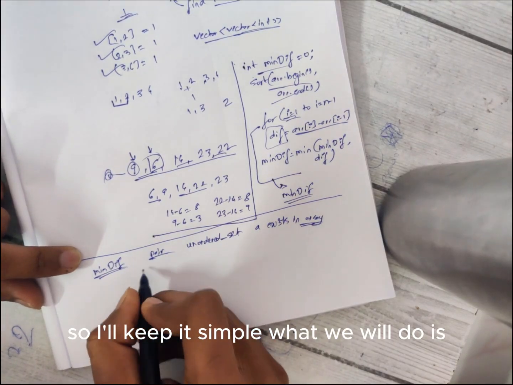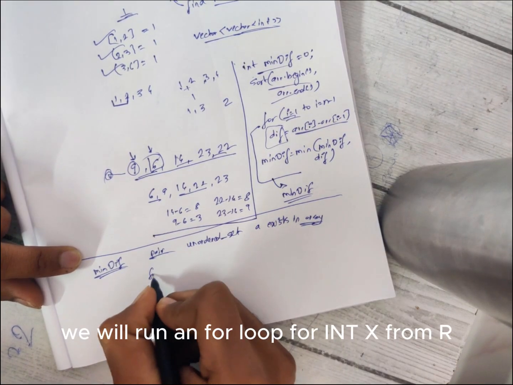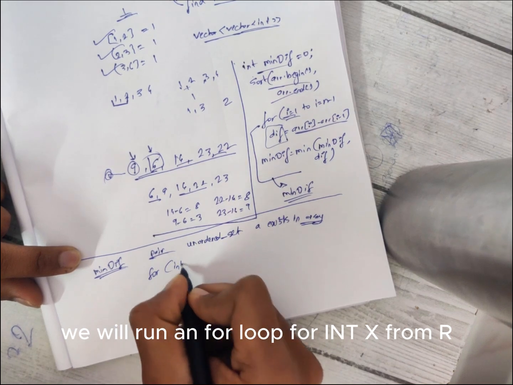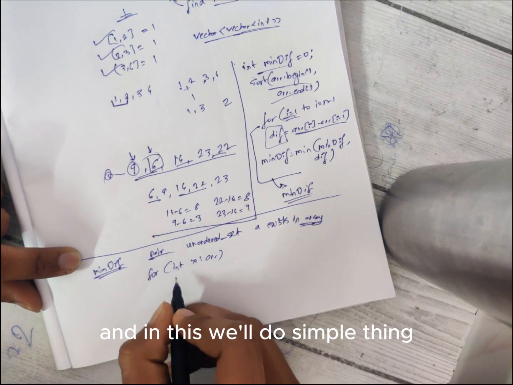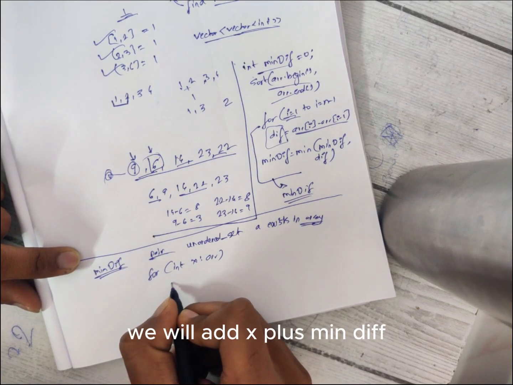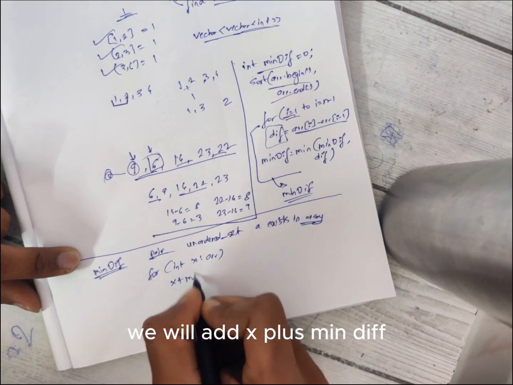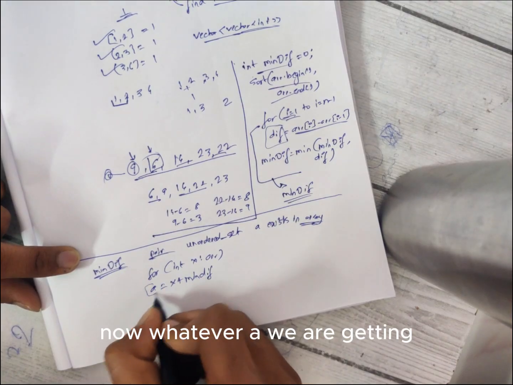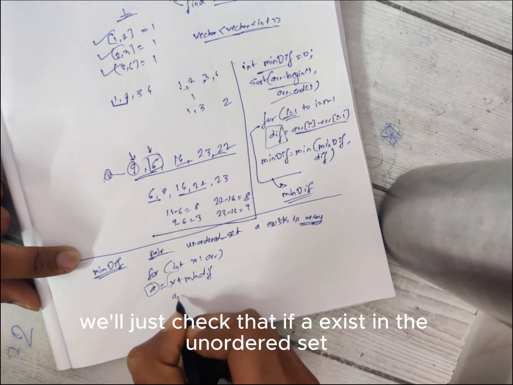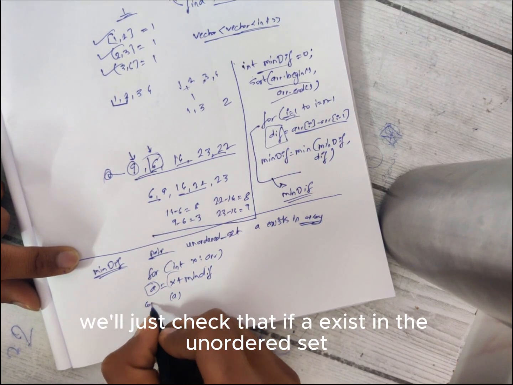What we will do is we will run a for loop for int x from the array, and in this we'll do a simple thing. We will add x plus mindiff. Now whatever A we are getting, we will just check if A exists in the unordered set.